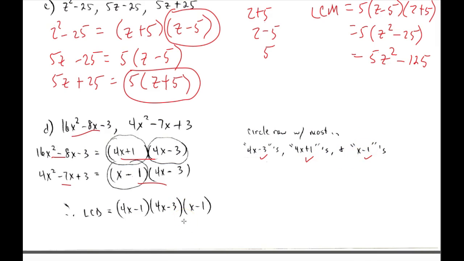And we see that there's no more than one 4x minus 3, no more than one 4x plus 1 in any row, and no more than 1 x plus 1. So multiply all those together, and this is what our LCM would be, or if we were using this in a particular situation where we were trying to add or subtract rational expressions, this would be an LCD. But for right now, this should just be LCM.